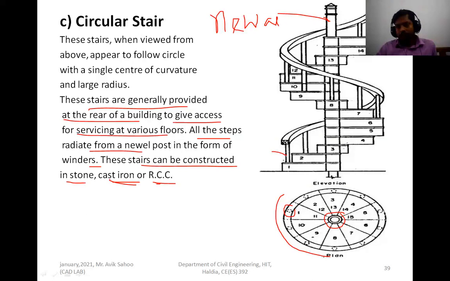When the plan view is drawn, from that reference plane we are looking from the top of the newel post, looking down, then the plan view comes. So this will not be visible, although it is present. That is why this handrail is represented as a dotted line.